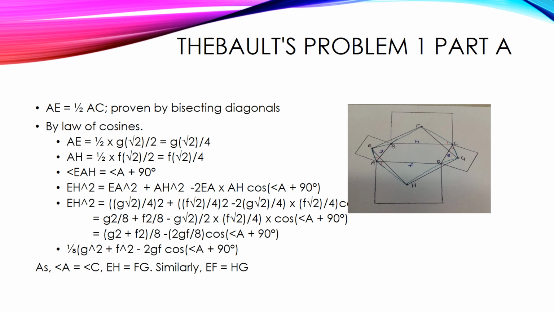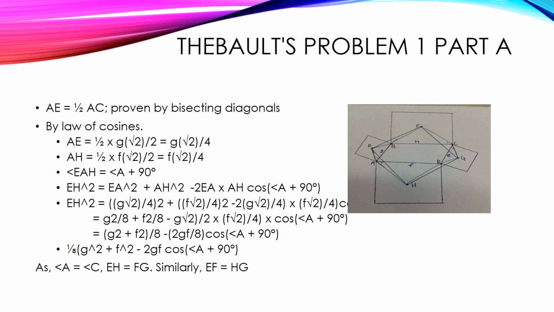If we plug these into the law of cosines, by basic substitution we finally yield that line EH squared is equal to 1/8 times this whole expression, G squared plus F squared minus 2GF cosine of the angle A plus 90 degrees.